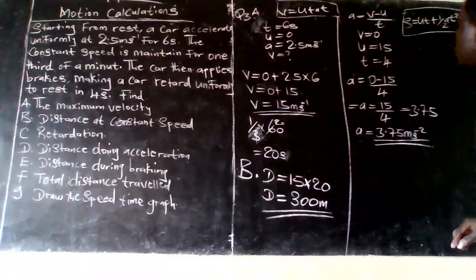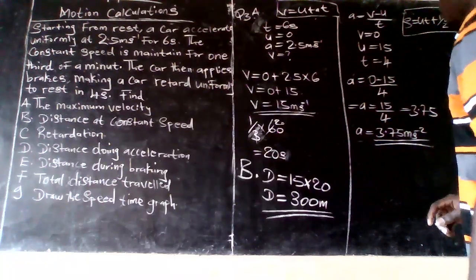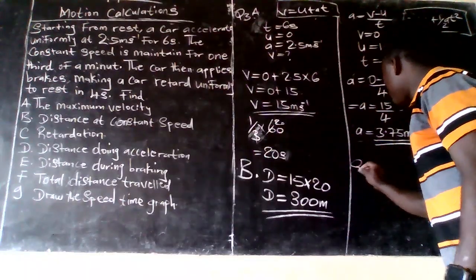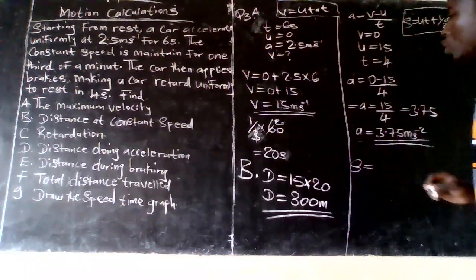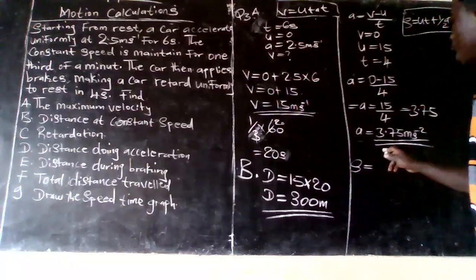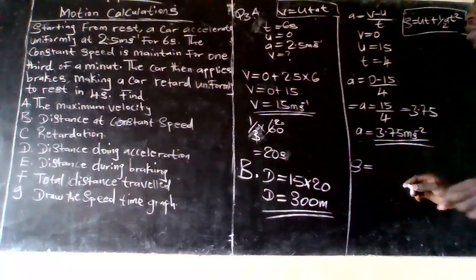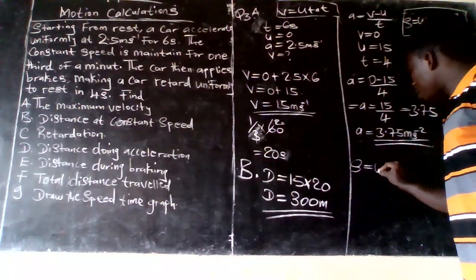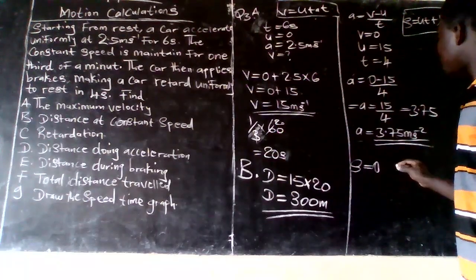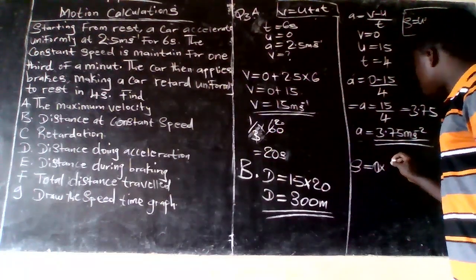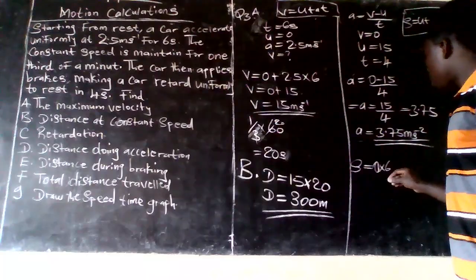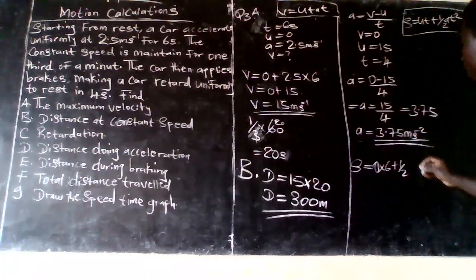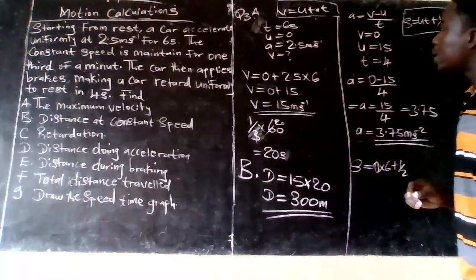In this case, S equals our initial velocity, because the car starts from rest, is 0, and our time is 6, plus half a, our acceleration.